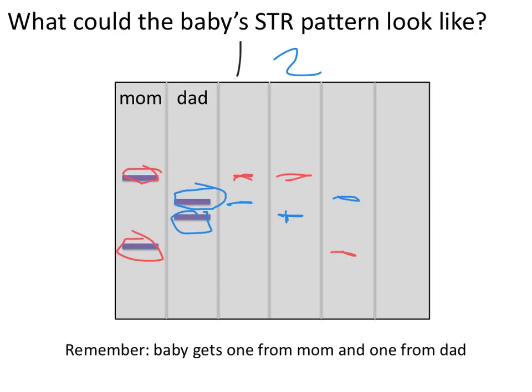And baby number 4 gets this from dad and this from mom. Those are the 4 possibilities that we have.